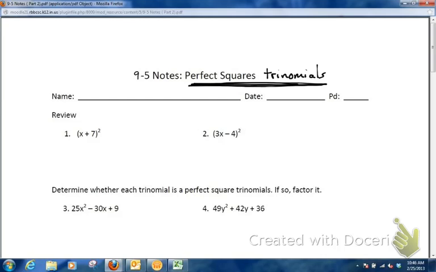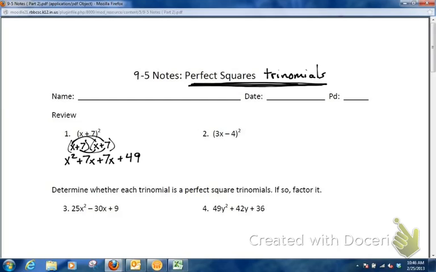with is a review of Unit 8 whenever we had what we have right here, a binomial squared. So if we have a binomial squared, you should realize that that means you're going to take this binomial x plus 7 and multiply it by itself, x plus 7, which means you will FOIL: x times x is x squared, x times 7 is 7x, 7 times x is another 7x, and 7 times 7 is 49.